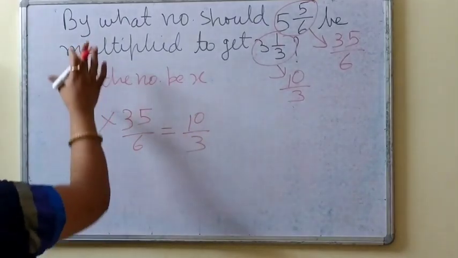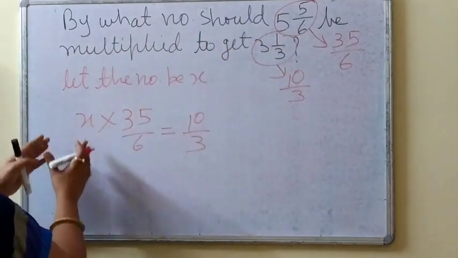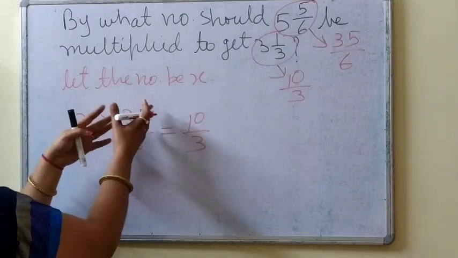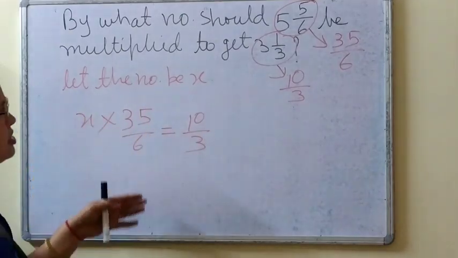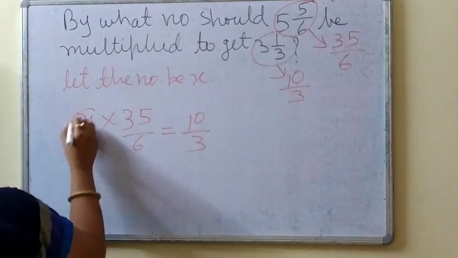So according to the question, X should be multiplied with 35 by 6 to get 10 by 3. Now solve it, find the value of X.